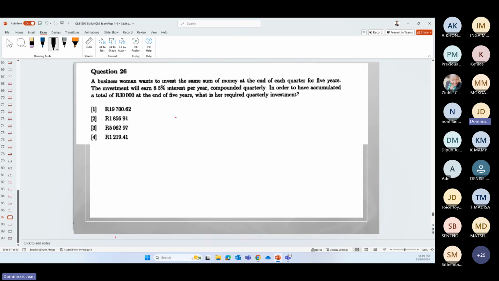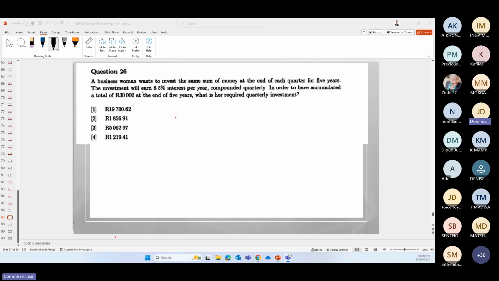Question 26. So let's just see if this is going to be very similar. So question 26, a businesswoman wants to invest a sum of money at the end of each quarter for 5 years.